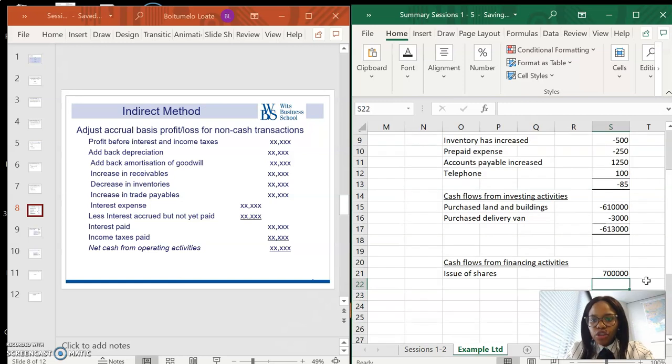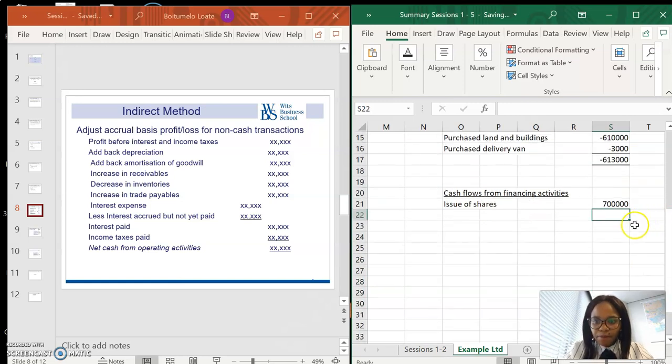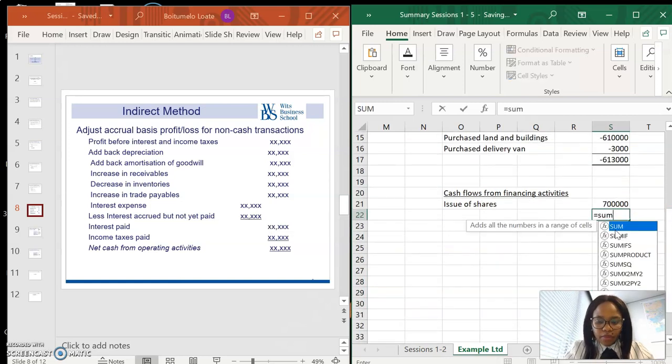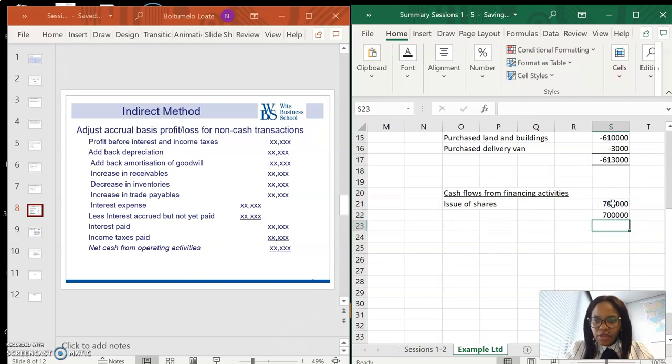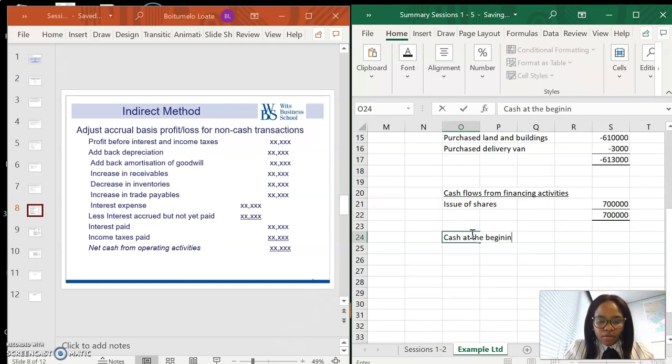Okay, if I total my movement for the year, that's my financing activities, my total. My cash at the beginning of the year was sitting at 0.